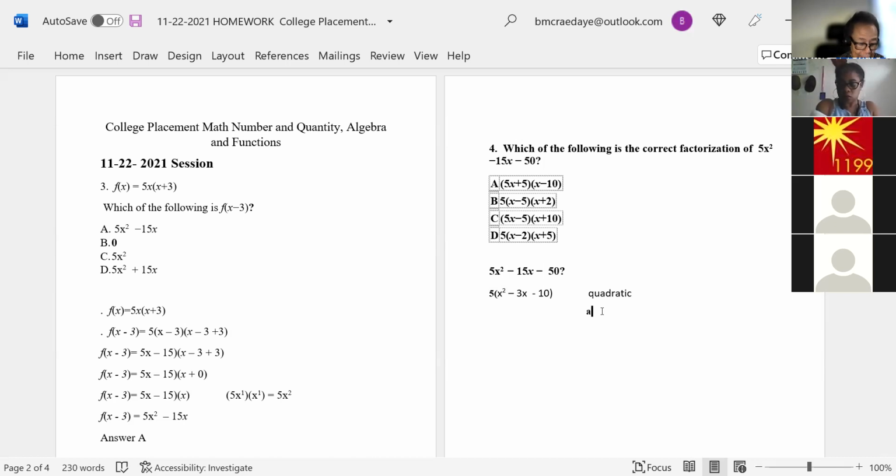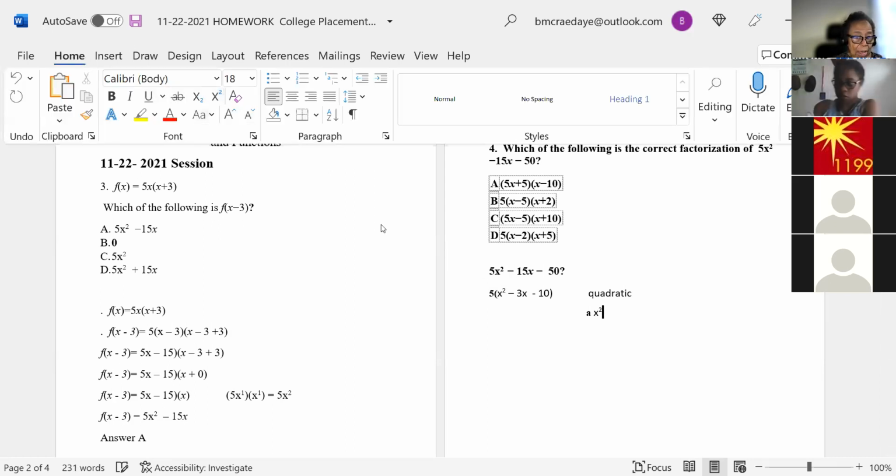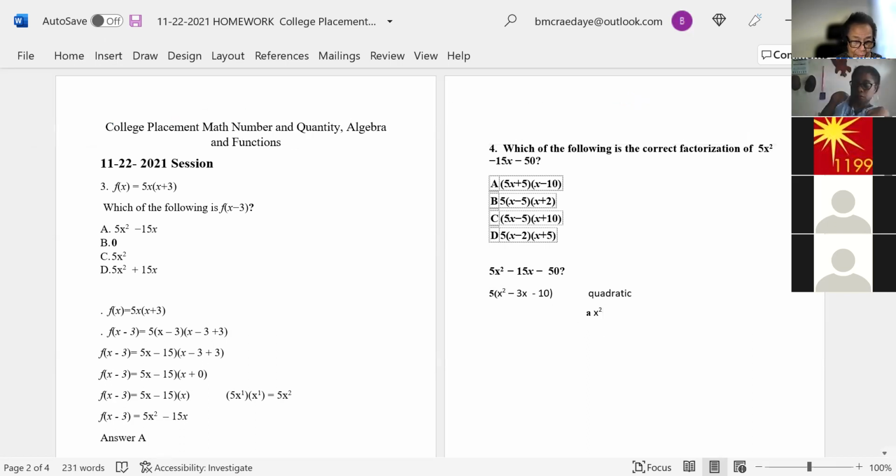But that's a quadratic, right? So that's ax squared plus bx plus c equals 0, the general format of a quadratic equation. You must have a power of 2 for a quadratic.